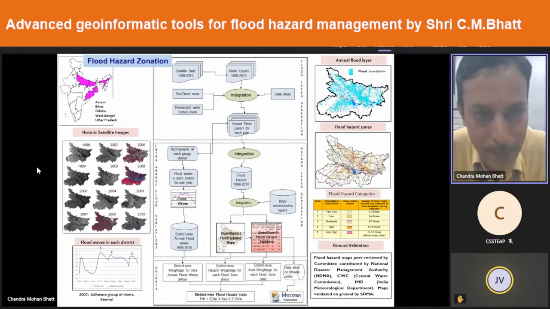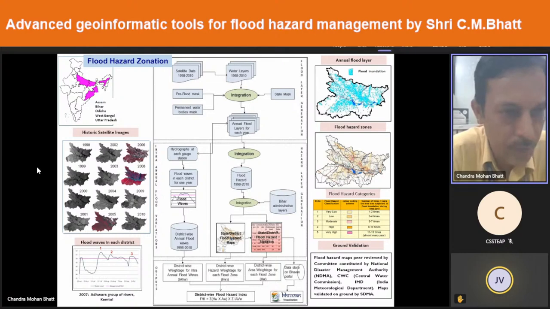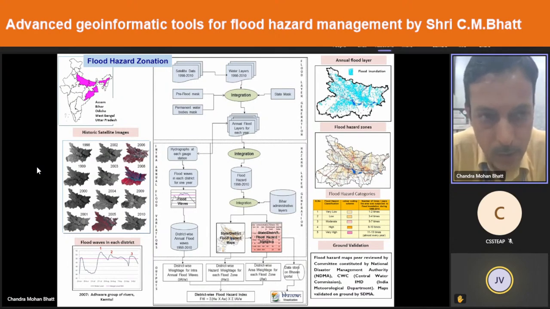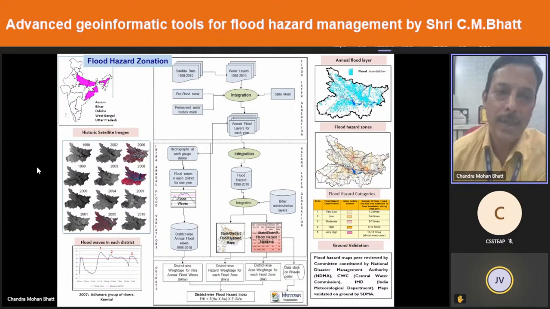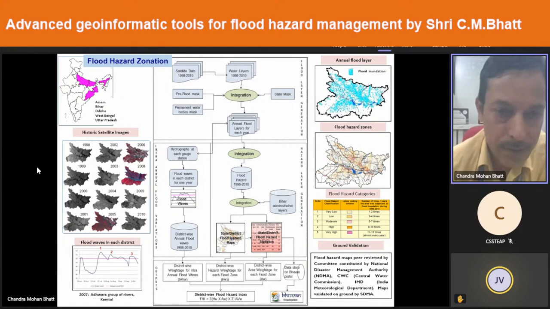Now coming to some of the applications, once you have that flood hazard layer with you, either through the optical data or through the microwave data, you need to have some kind of application. So this is one of the examples that was carried out, that is about the flood hazard zonation, and we know flood hazard zonation is one of the more important non-structural measures that helps to mitigate the floods.